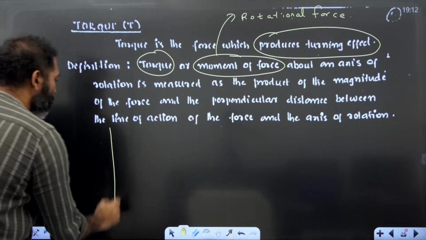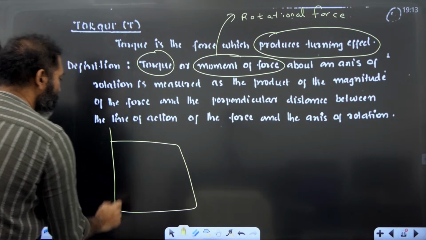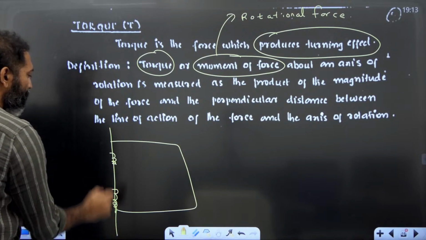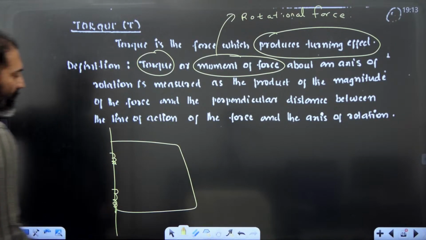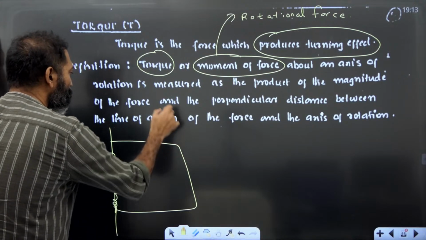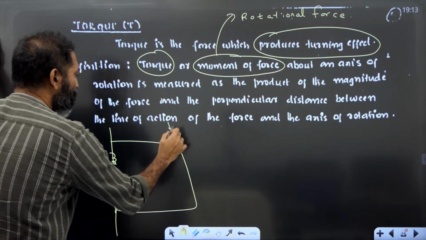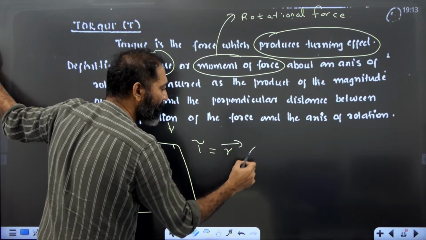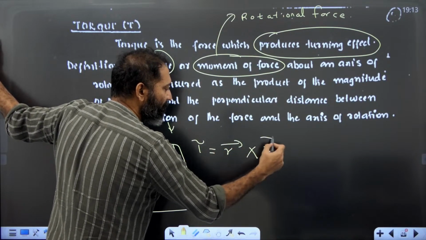For example, if there is a door connected to a wall by hinges, then if you want to move this door, you should have torque. What is the definition of torque? Distance from the axis of rotation into force.